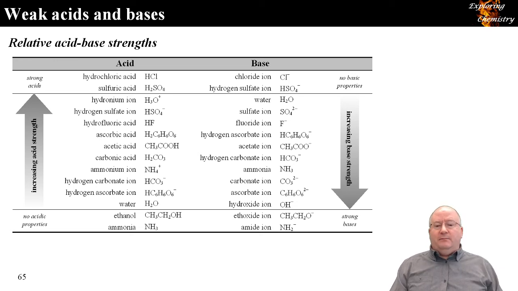Conversely, at the bottom, the carbonate ion, CO3 2-, is a relatively strong weak base, and the corresponding hydrogen carbonate ion is a relatively weak acid. In the end, the two extremes are the hydroxide ion in the bottom right and, because it fits better in this table, H3O+ in the top left. The strongest acid you can get is that of the solvent, which is H3O+. The strongest base is, of course, that of the solvent, which is hydroxide.